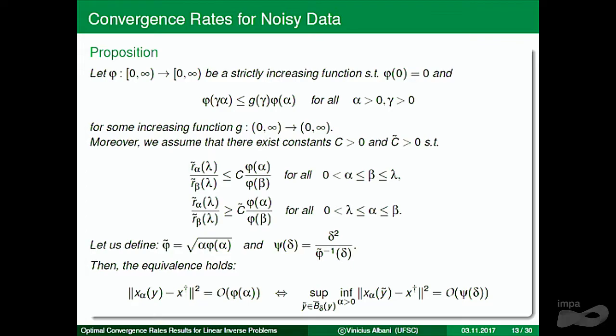So we needed that to prove the theorem. But we shall see that it's not difficult to prove that in the case of logarithmic phi and Hölder phi, they also satisfy all these hypotheses. And of course, in the Tikhonov regularization case.